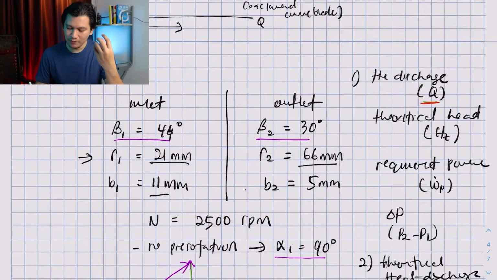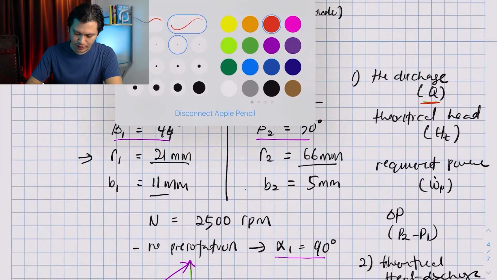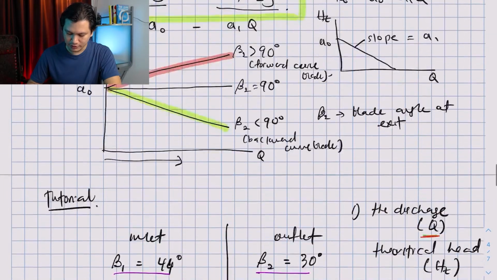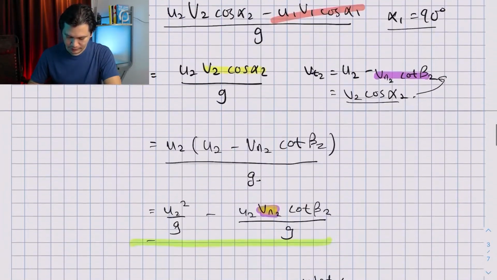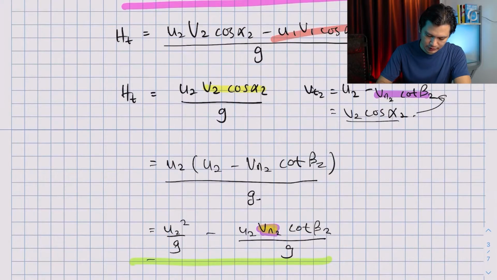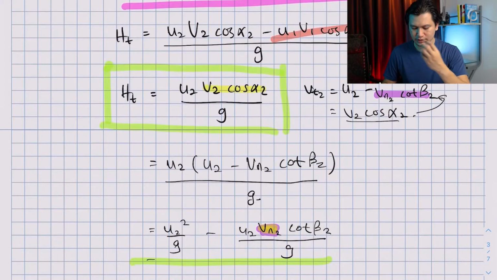Now the second part of the question is looking for the theoretical head. Let's find out where the equation for our theoretical head is. So this is it, I think. HT is equal to U2 V2 cos alpha 2 divided by g.